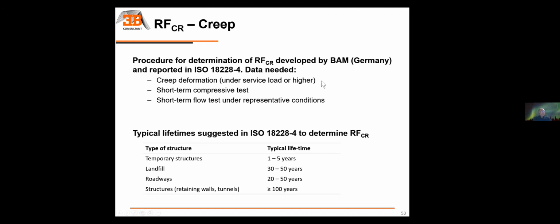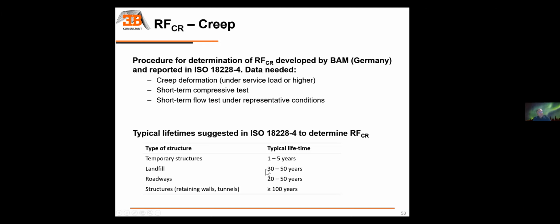It requires short-term compressive stress data for the product being investigated. With that, we can perform a short-term flow test under representative conditions. This standard also provides some typical lifetimes for the determination of the creep reduction factor, which are between 1 and more than 100 years, depending on the structure.